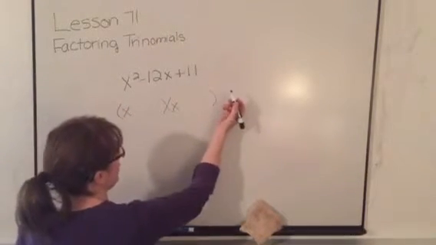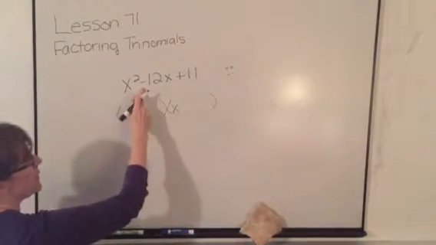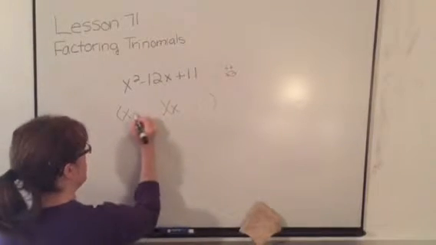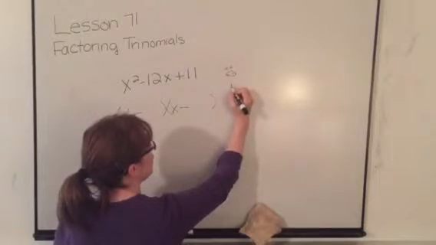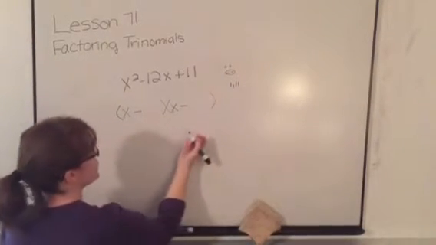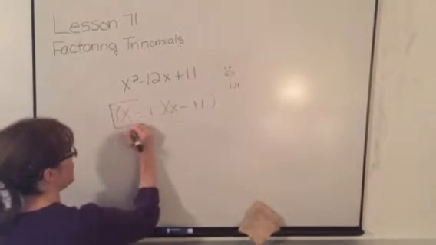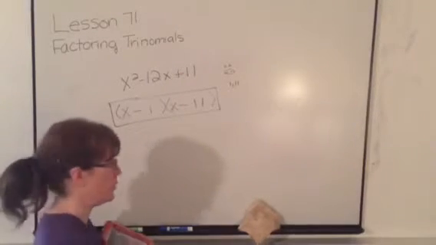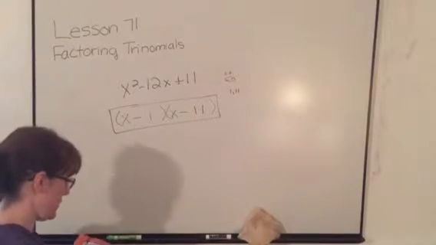This is positive, so I know I'm going to have two signs that are the same. This is negative, so they're going to be negative. I'm going to subtract. My factors for 11 are 1 and 11, and that's all there is, so I will be using 1 and 11. So this would be my answer. And you guys can do the math to see that the middle term would be negative 12x.